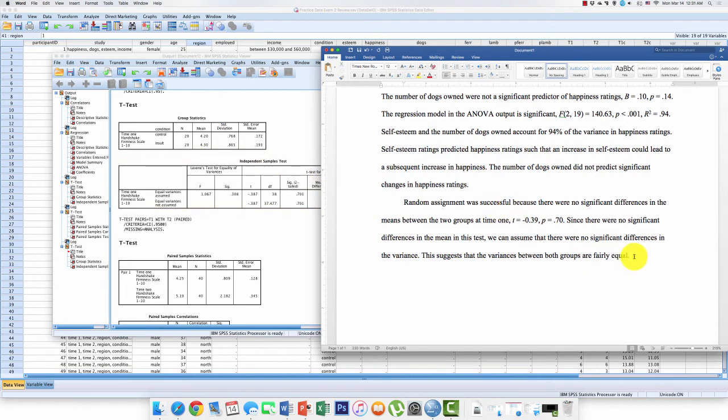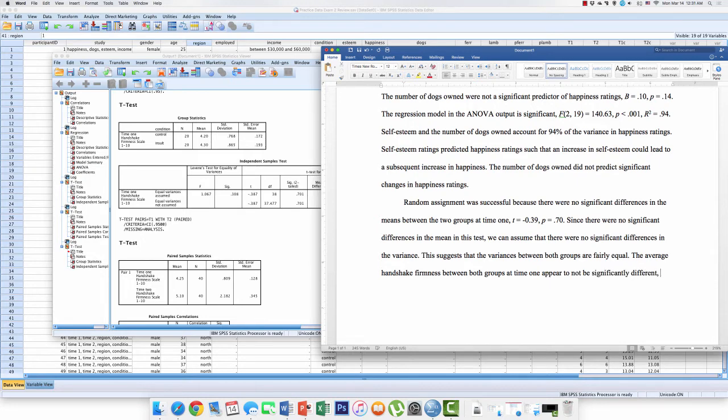And then we could include the means also to show the readers. The average handshake firmness at time 1 and the average handshake firmness between both groups at time 1 appear to not be significantly different.